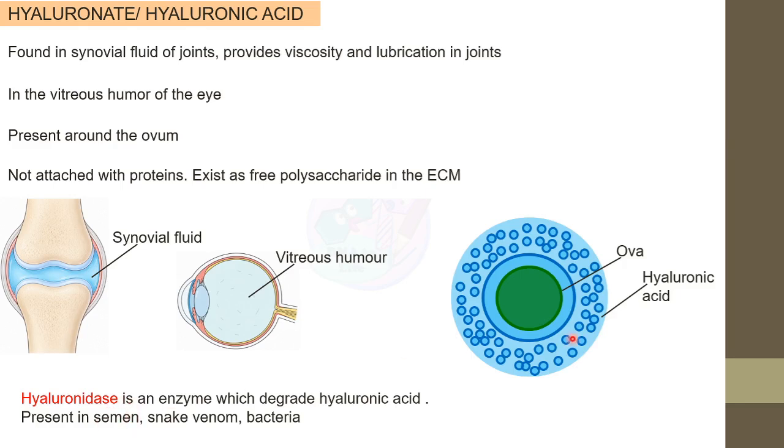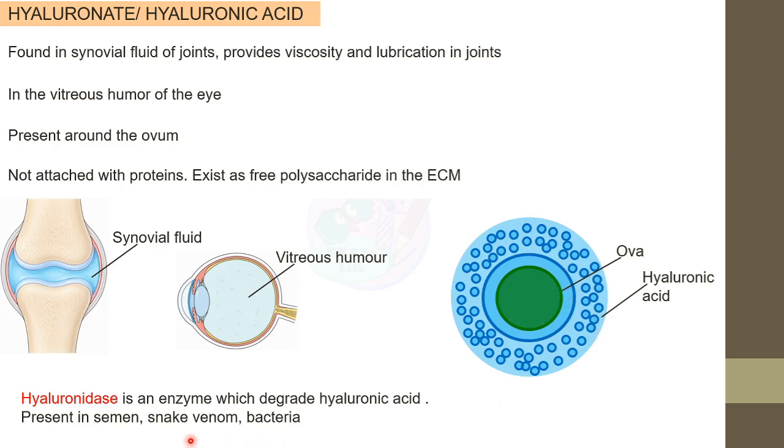In semen, when a sperm wants to fuse with the ova, it first degrades this hyaluronic acid layer, this transparent layer. For that, sperm needs the hyaluronidase enzyme, which degrades this layer, and then the sperm can fuse with the ova.